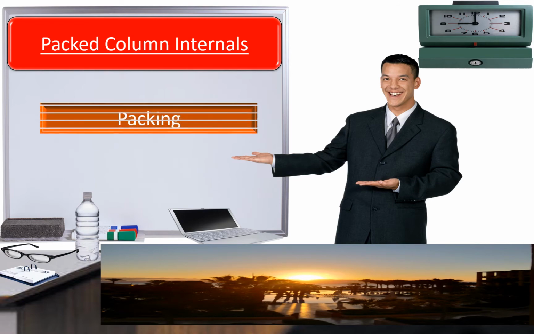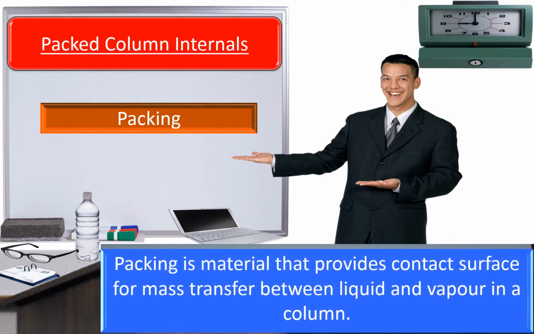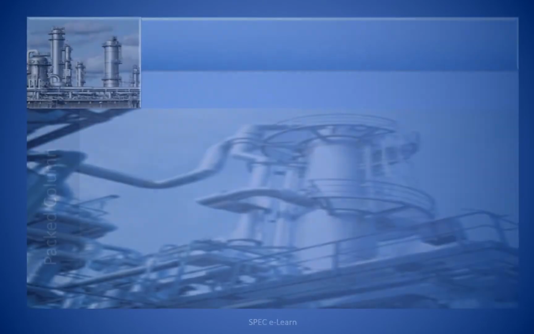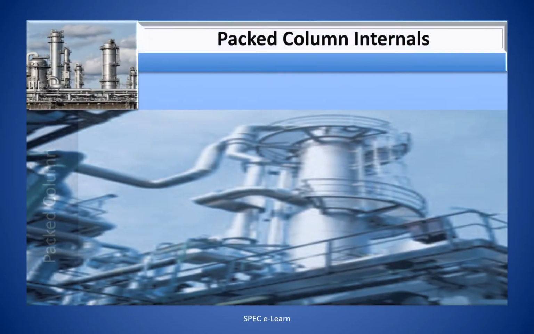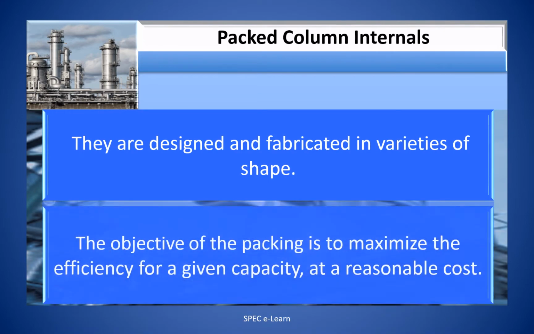Packing is material that provides contact surface for mass transfer between liquid and vapor in a column. The packings are designed and fabricated in varieties of shape and sizes. The objective of the packing is to maximize the efficiency for a given capacity at a reasonable cost.